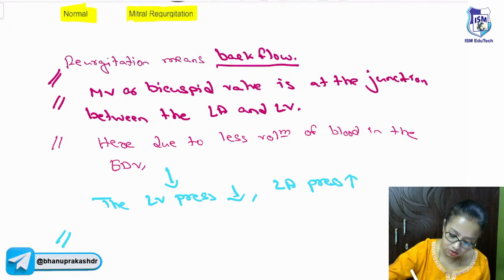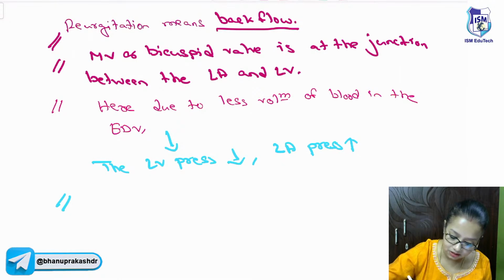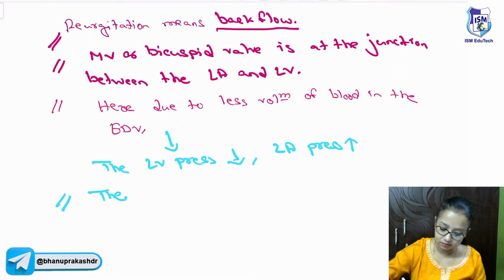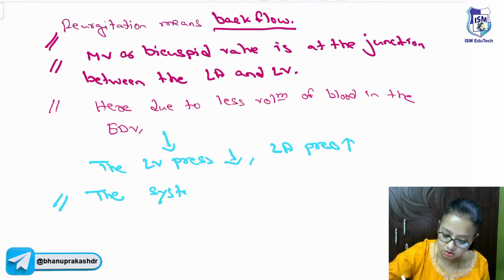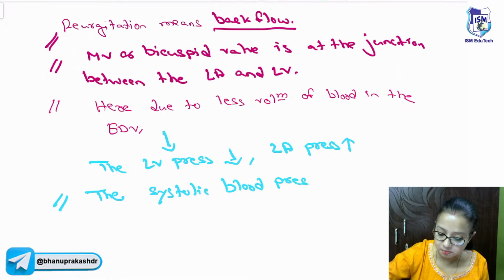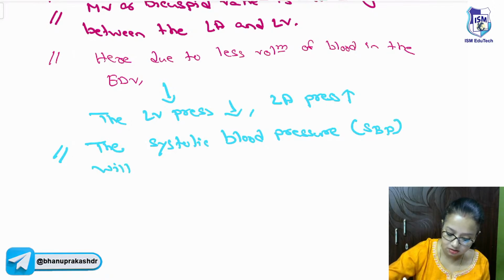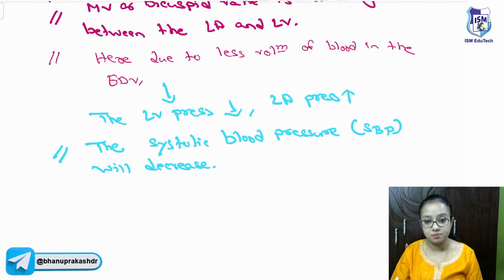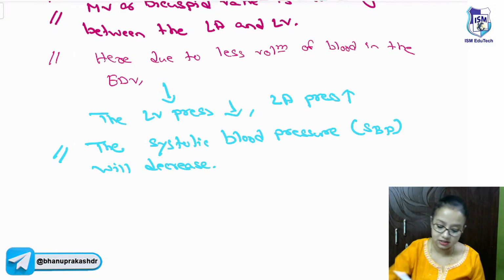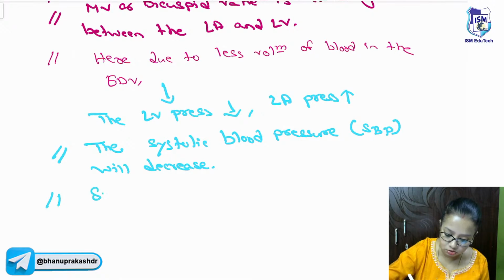So the outcome will be that the systolic blood pressure will decrease, and stroke volume is less.